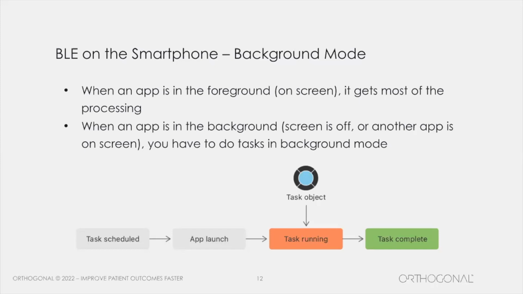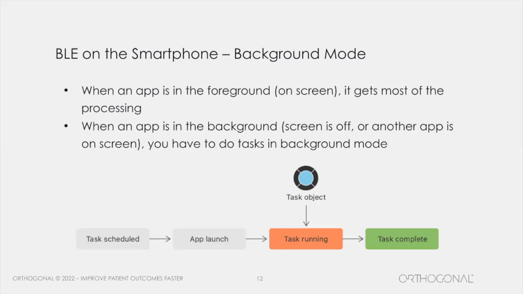So when an app is in the background, so either the screen is off or another app is on screen, it's in background mode. And in order to do anything in background mode, you actually have to, as part of your development process, make sure that you indicate that you have tasks that are scheduled. So you need to tell the operating system that you are scheduling tasks on some frequency.